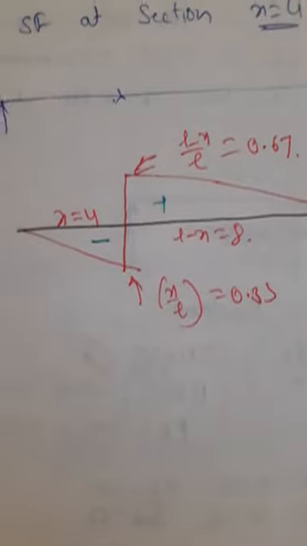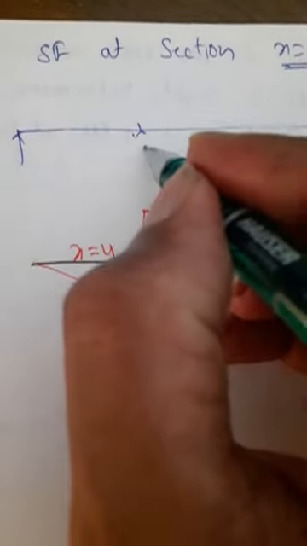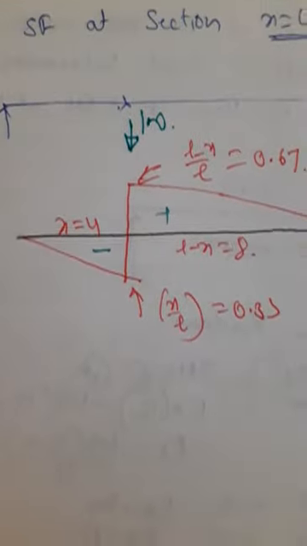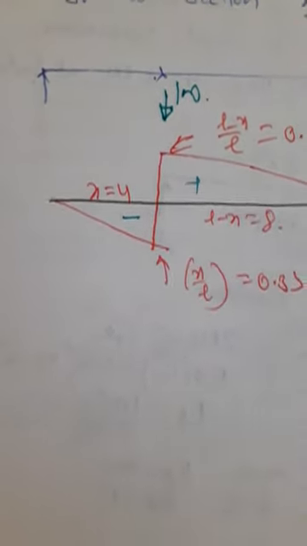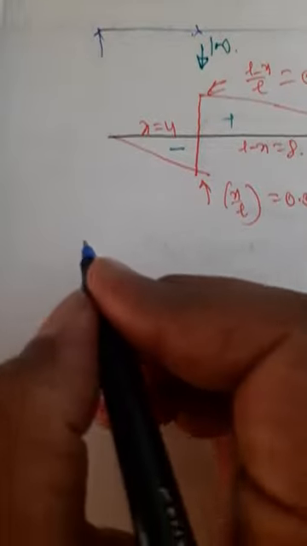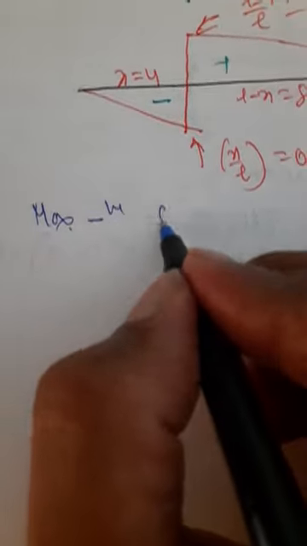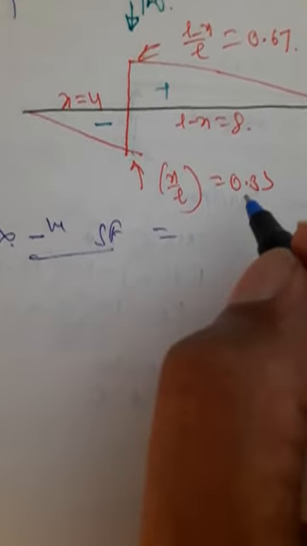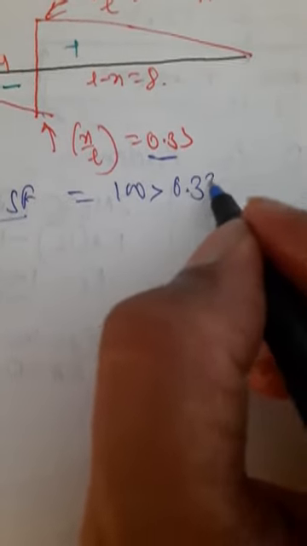Hence, I am going to put the load here. This load of 100 kilonewtons is acting at section x is equal to 4. Therefore, maximum negative shear force is equal to 100 load into this ordinate 0.33.